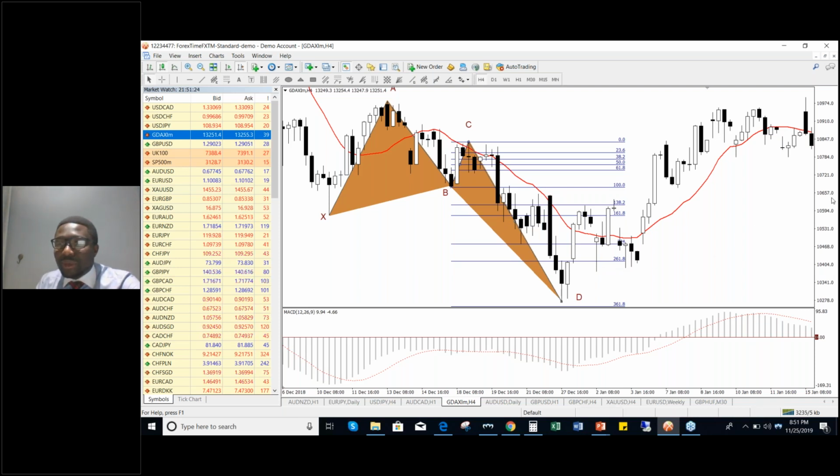Does this fulfill the last condition, guys? I need feedback very quickly. Yes, someone says 361.8. Okay. I need you to compare it with what you have in your notes.